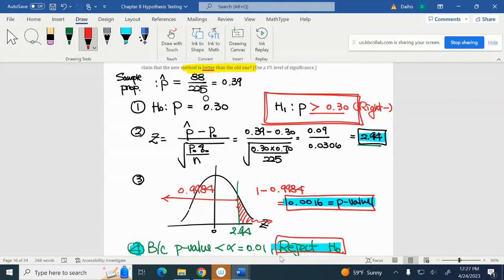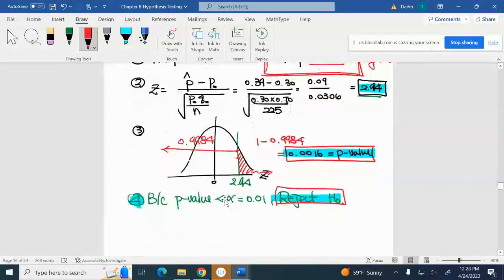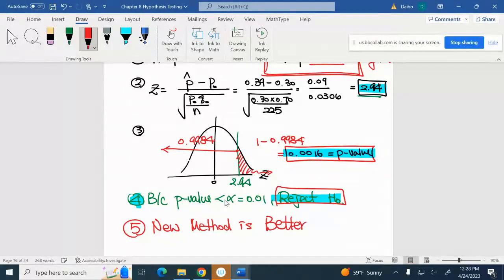H1, bigger than 30%. What does that mean, bigger than 30%? Better, or just worse? Bigger than 30% means better. So now I have to make the interpretation. The new method is better than the old one.